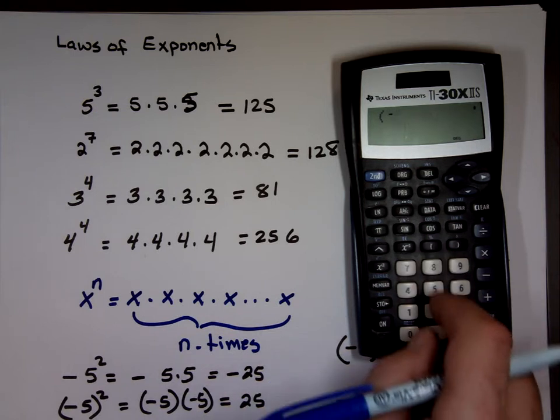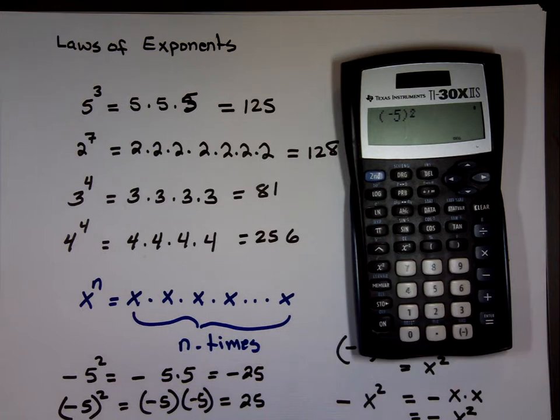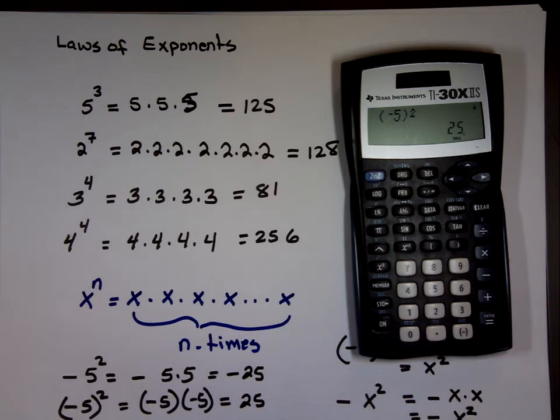What about negative 5, the whole thing squared? Based on my calculation, that should be plus 25. And that's what the calculator has given me. So when there is no parentheses, that means only the 5 is squared, not the minus sign. When you have the parentheses, that means the whole thing is squared.